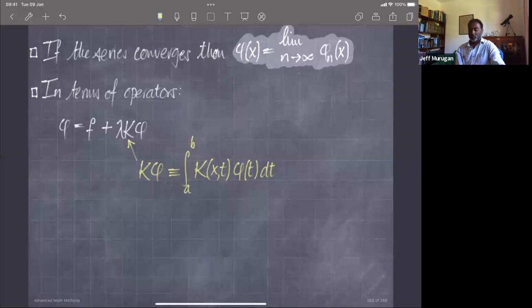Okay, so this is just a symbolic expression of what our integral equation looks like, and we understand that k acting on phi really means this integral.